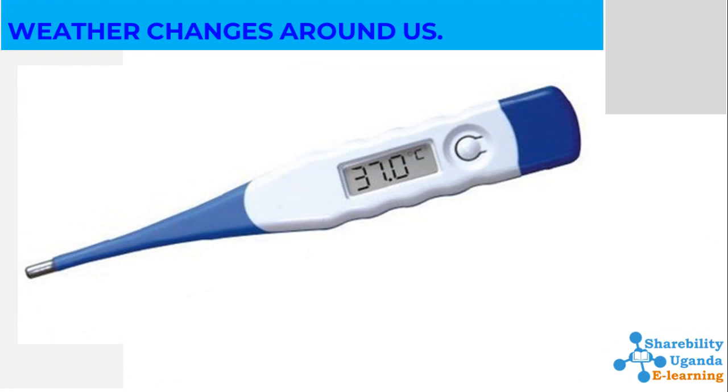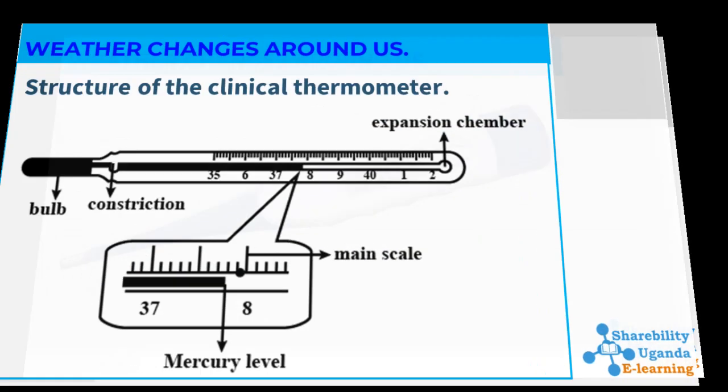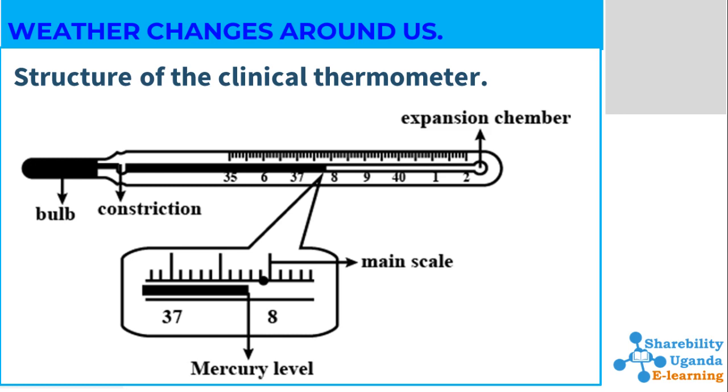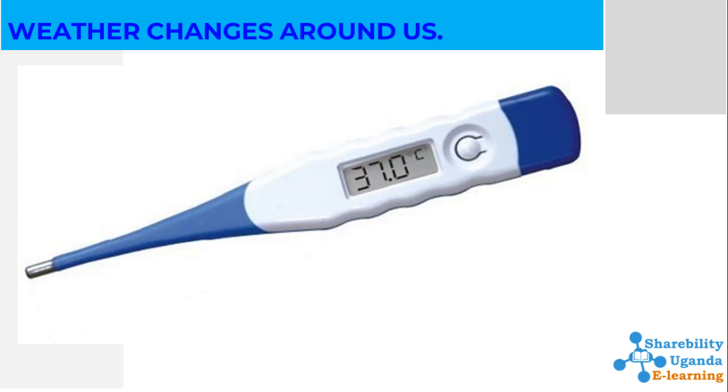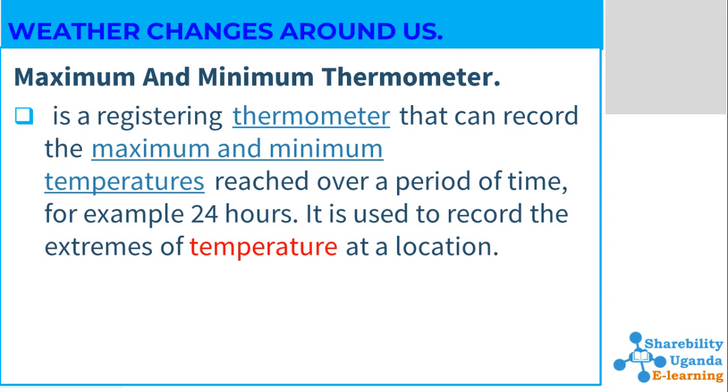We have other forms. This kind of thermometer is the analog type of thermometer, and then this is the digital type of clinical thermometer. It is not a pen as it appears. It kind of looks like a pen, but it is a digital clinical thermometer.